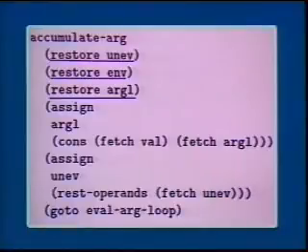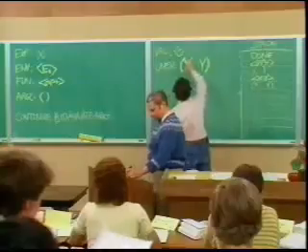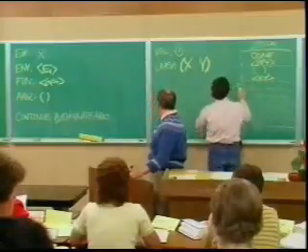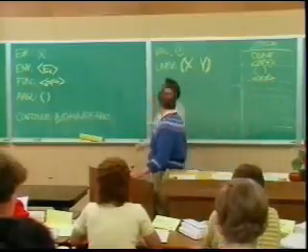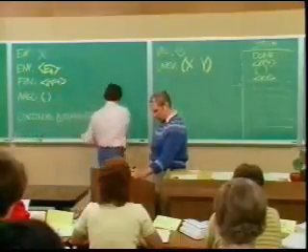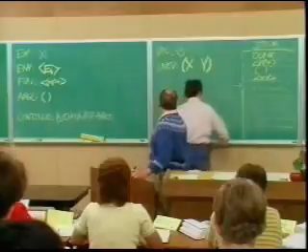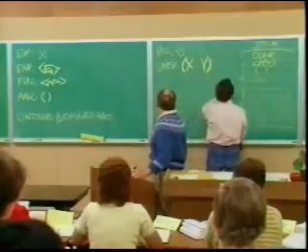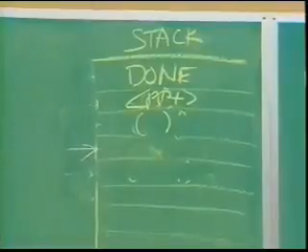Now what do? We're going to go back and look at the rest of the arguments. So we restore unev. We restore env. We restore argle. One thing. Whoops, parity error. Restore argle.